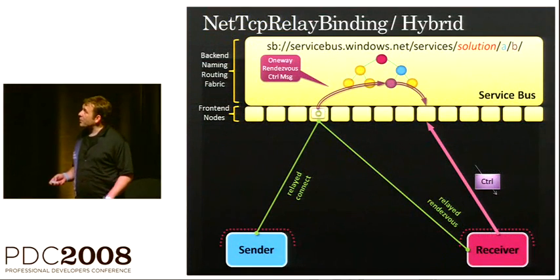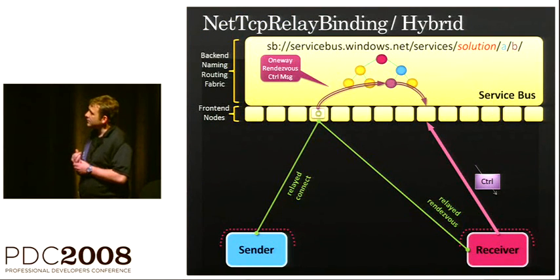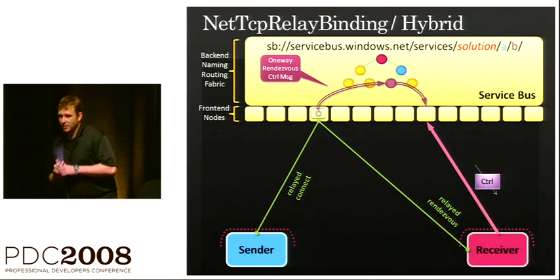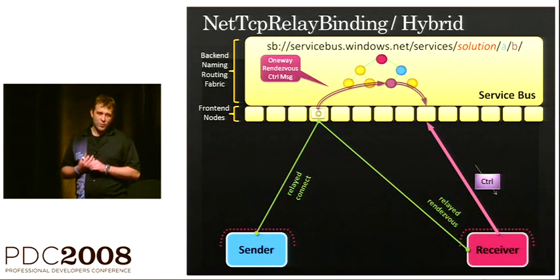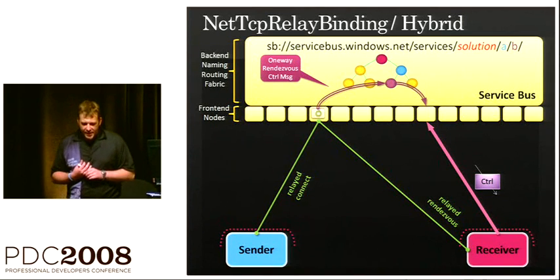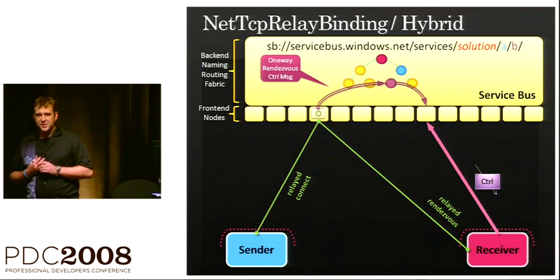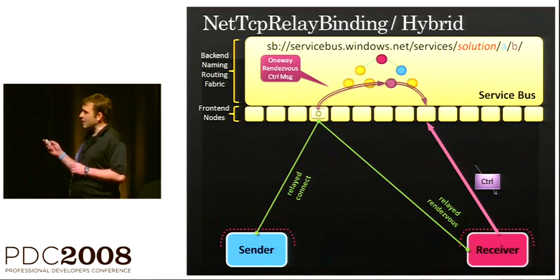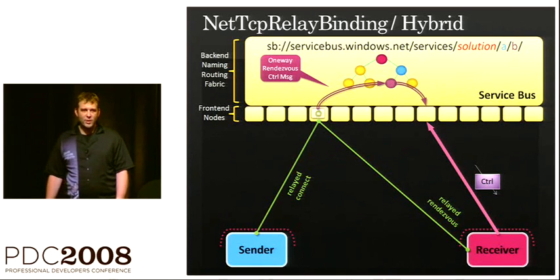The NetTCP relay binding hybrid mode is another interesting one. The hybrid mode, also referred to as direct mode, even though we don't have a pure direct mode right now, is doing a very interesting dance with network address translation. So this is the status of the system when it is already in relayed mode.